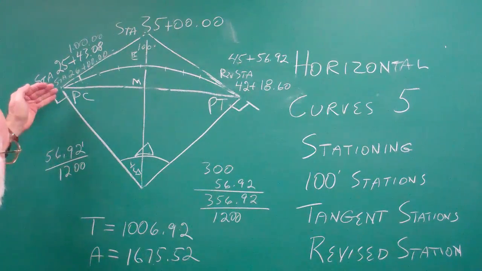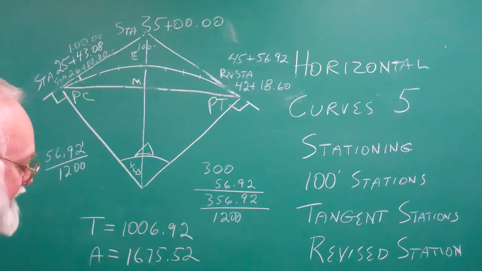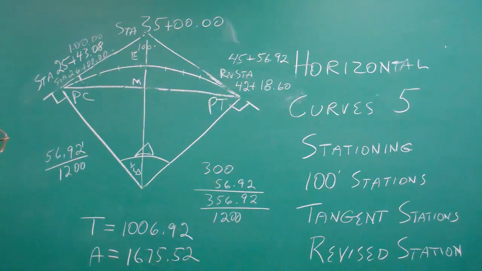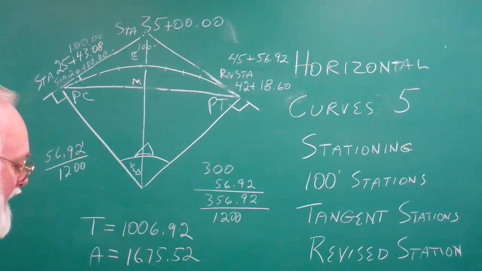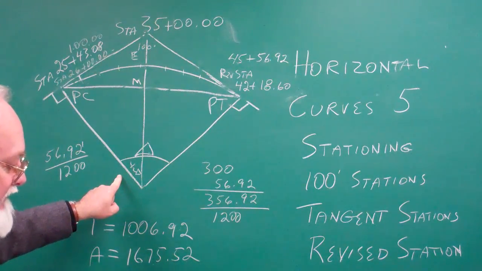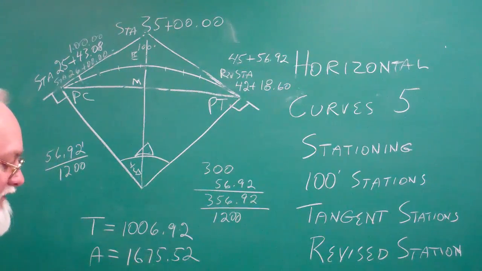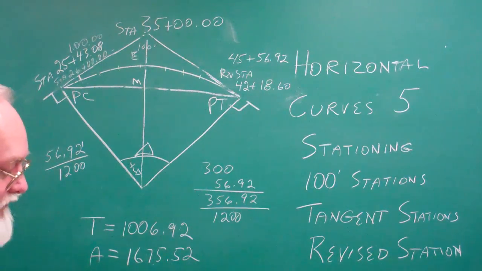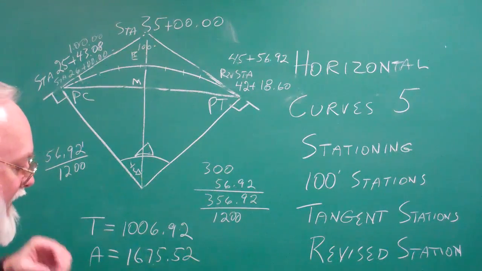You've got a 1,200-foot radius and 56.92 feet here. So you come up with 0.04733333, etc. Anyway, that's your angle. And what is your formula? The distance is radius times 2 times the sine of the central angle over 2. So simply you stay in the radians that you already got and then divide that by 2. Enter 2, divide, and you get that.